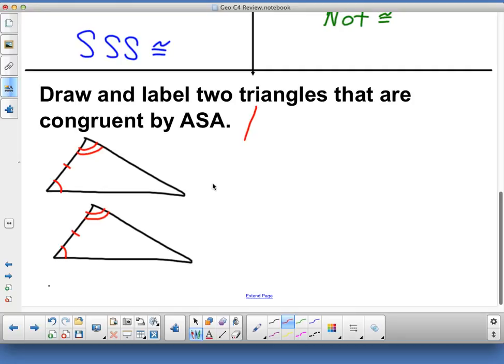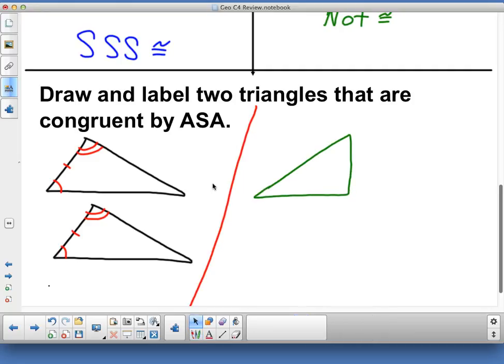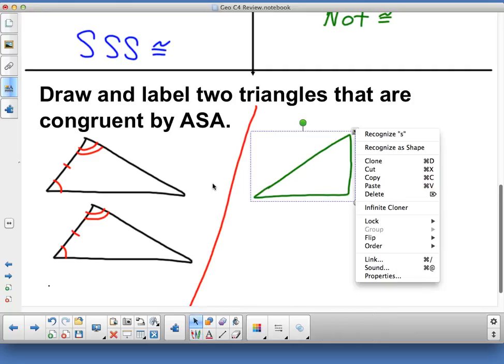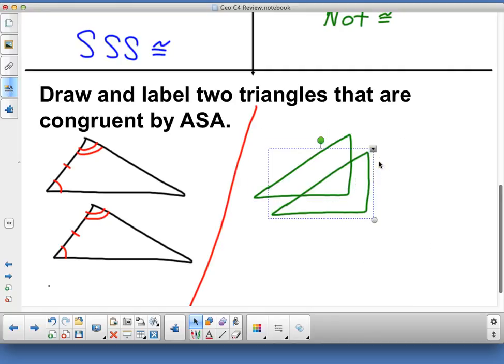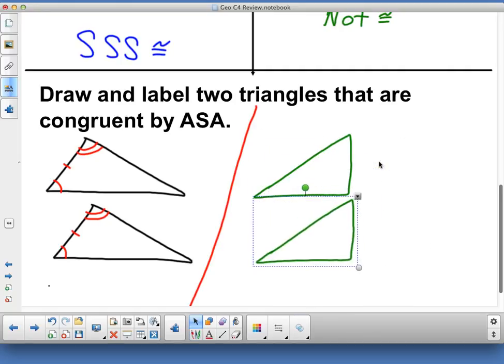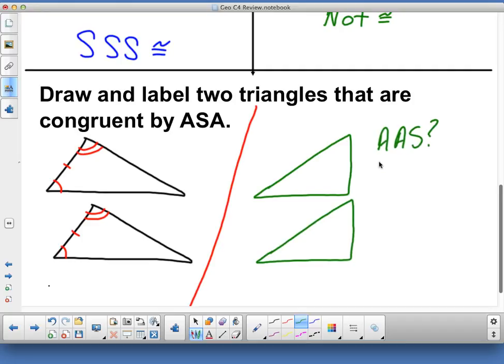Now, I was asked first period about the difference if I were to do angle side. What would angle side look like in comparison?